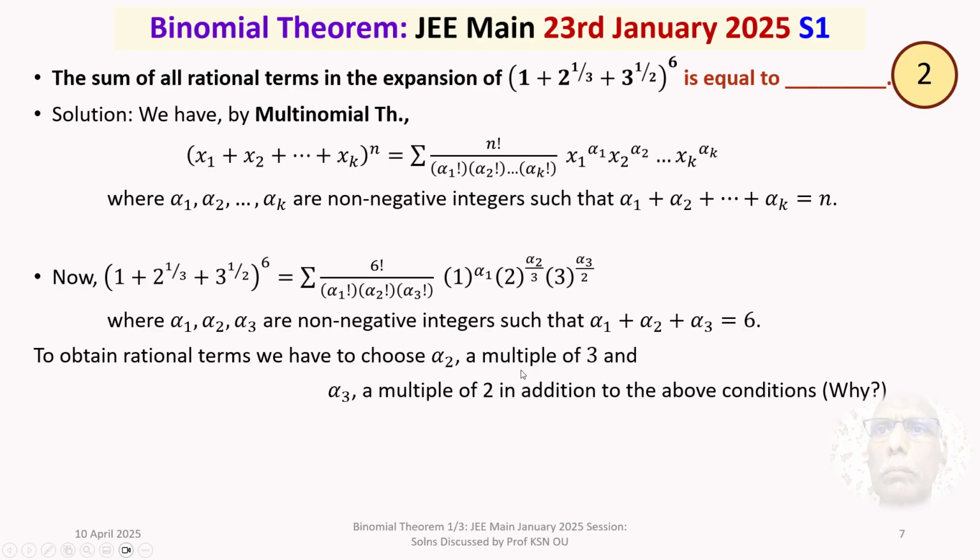So, alpha 2 a multiple of 3, alpha 3 a multiple of 2, in addition to the above condition, that is alpha 1 plus alpha 2 plus alpha 3 is equal to 6. This will take a little more time to compute all such combinations and then compute the coefficients. It will take time. That I will show you in the next slide.